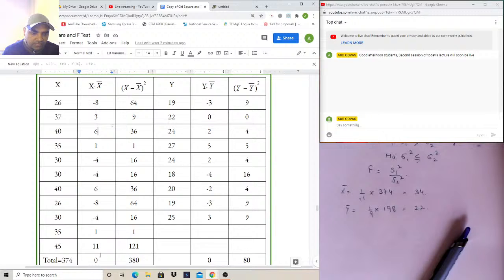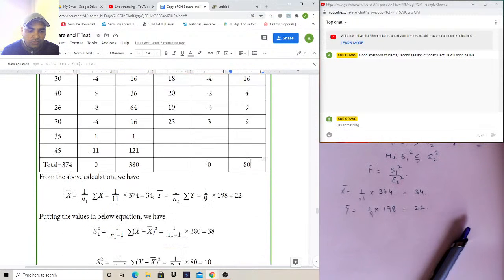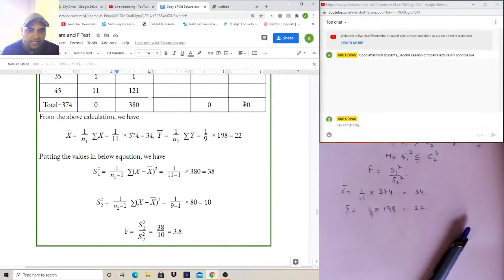Like this we find the deviations, whose sum will always be equal to 0, and then their squares, which came out to be 380. Similarly for Y, we find Y minus Y bar, and then Y minus Y bar whole square, which came out to be 80. Once we have 380 and 80, we can calculate S1 and S2.